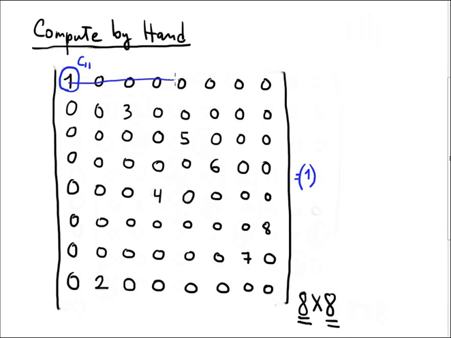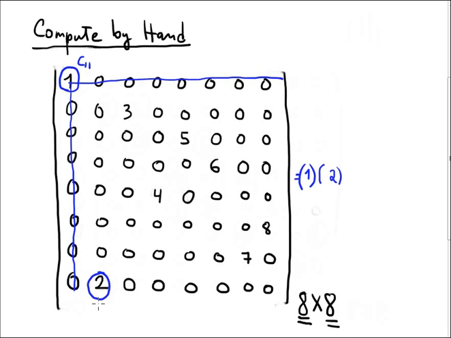Now you delete this row and this column. And we obtain a new determinant, que es 7 by 7. And you expand using any row or any column, whatever. I select for this new determinant this element, 2. I don't know if this 2 is positive or negative.